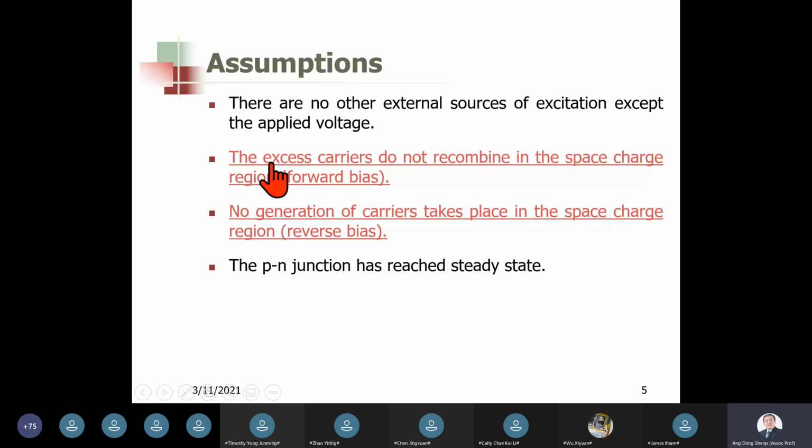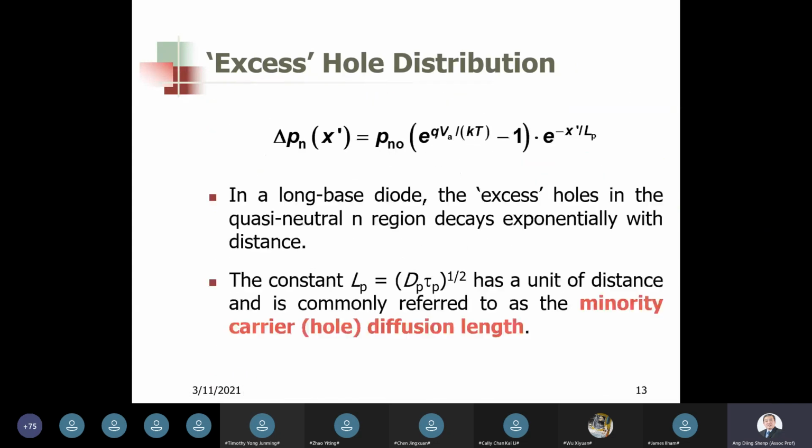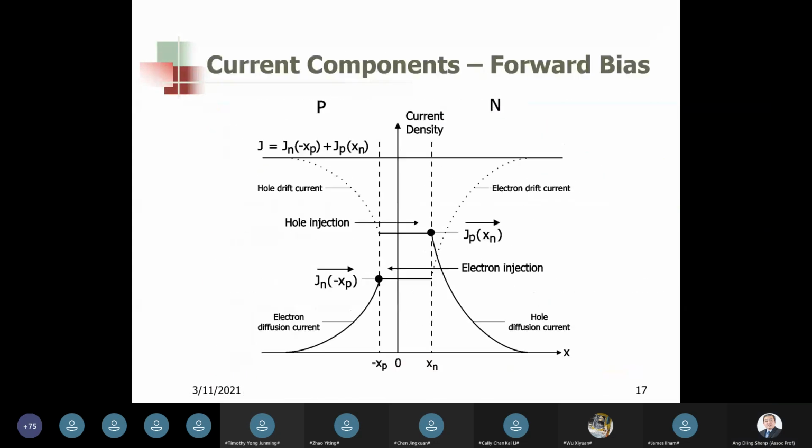Remember earlier when we made the assumption, we assumed that the excess carriers do not recombine in the space charge region under forward bias. What that means is, when holes are injected from the P to the N, as the holes cross the space charge region, no recombination happens within the space charge region.